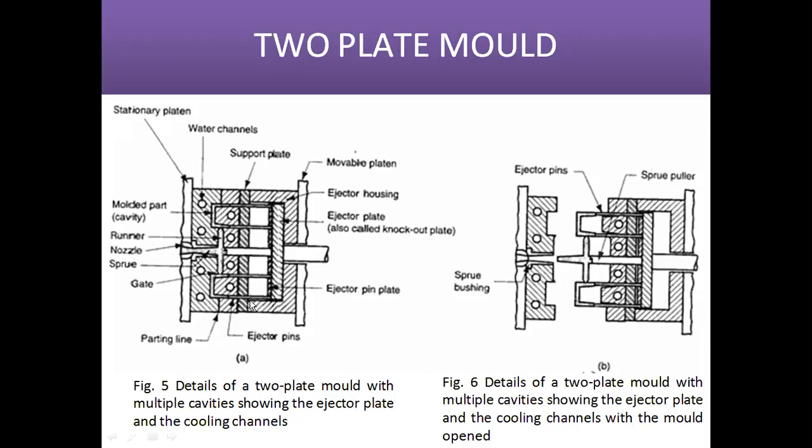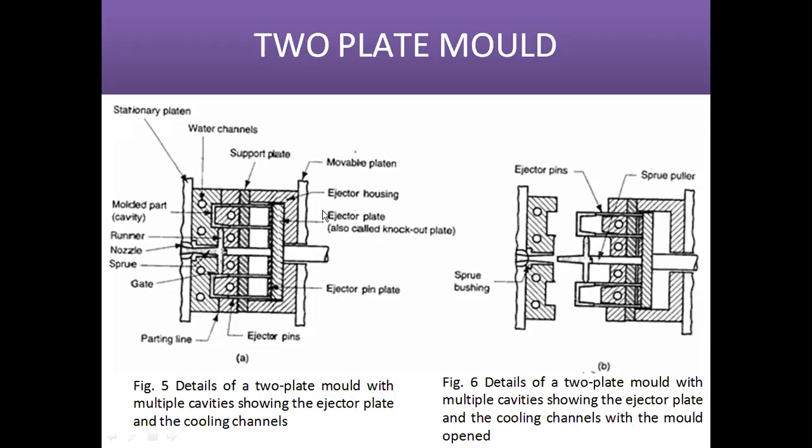Next, during the solidification process, due to the natural shrinkage, the plastic melt will be solidified and then it will stick to the end of this ejector pin.